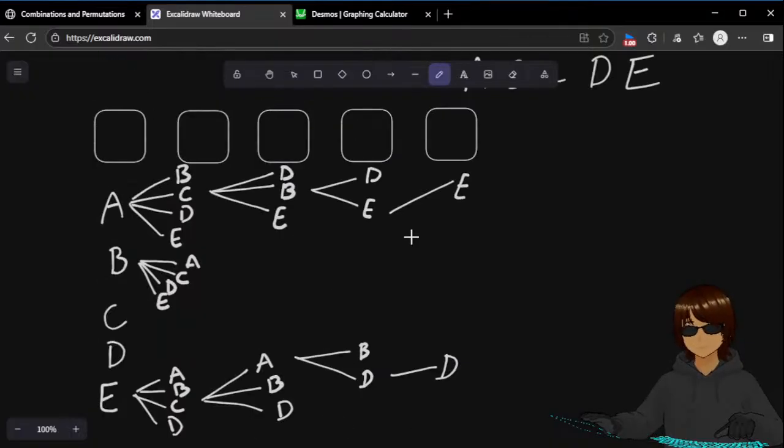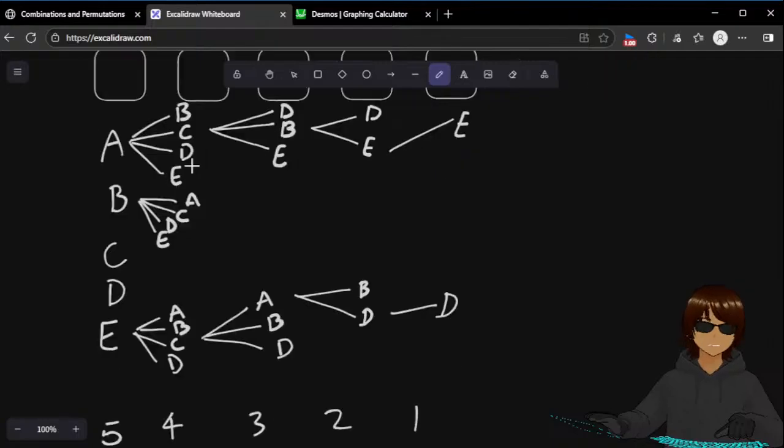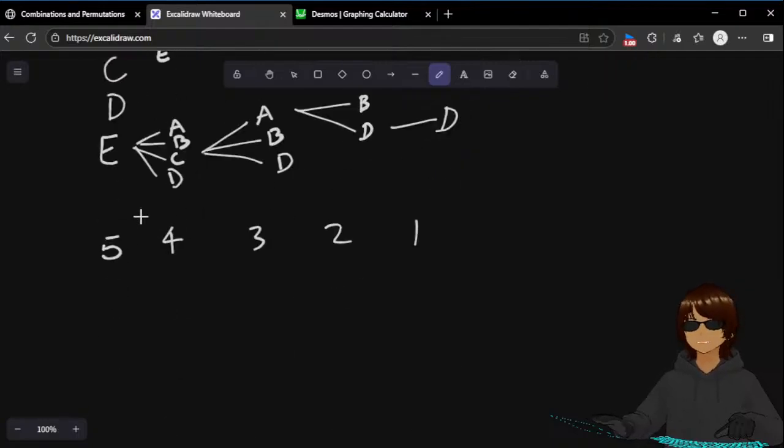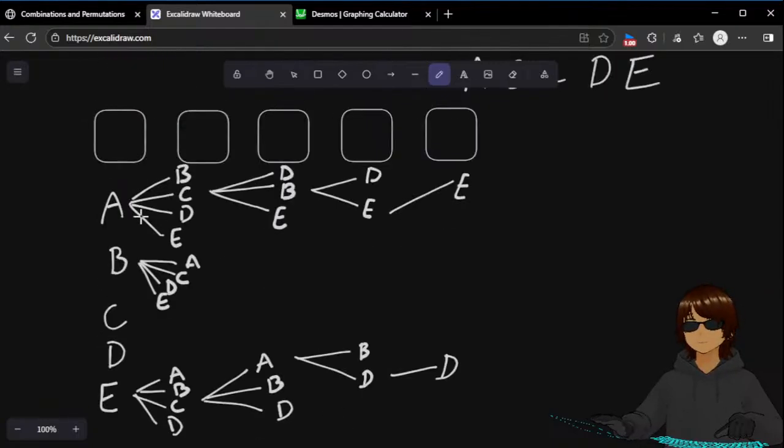If I have 5 choices for the first one and 4 choices for the second one, then both of them together, a pair, would be 20 choices in total. For each of the 5 arrangements of the first one, I have 4 arrangements for the second one.